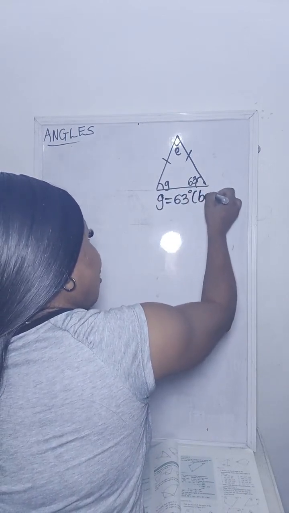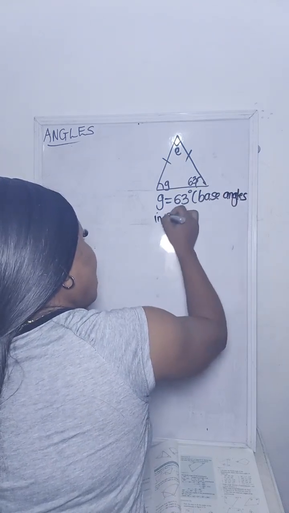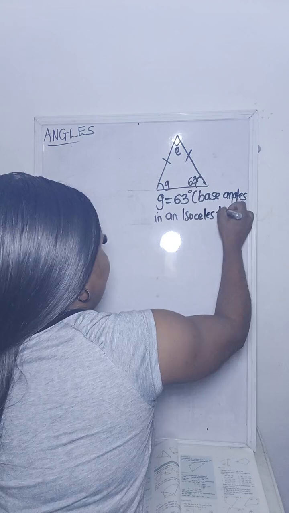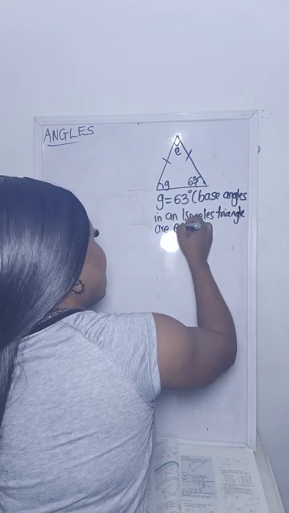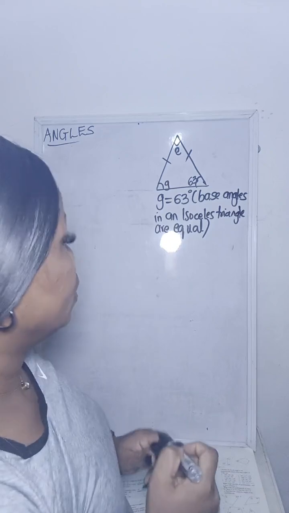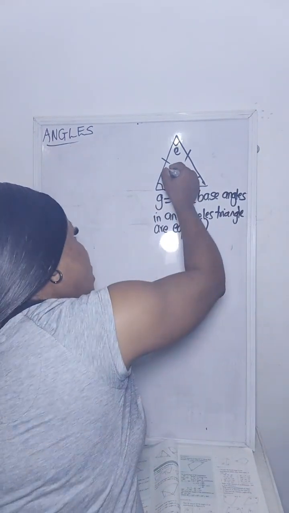Base angles in an isosceles triangle are equal. That's our reason. You must always state your reason. So G equals 63 degrees.